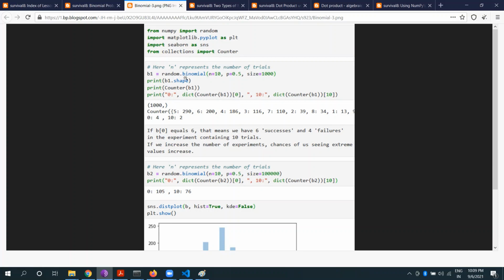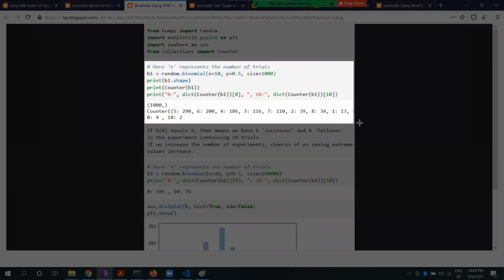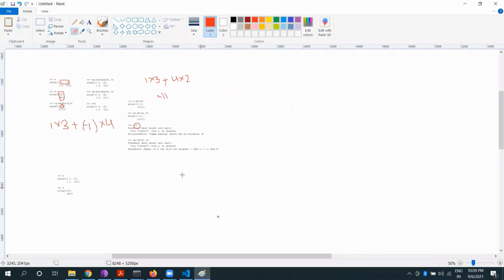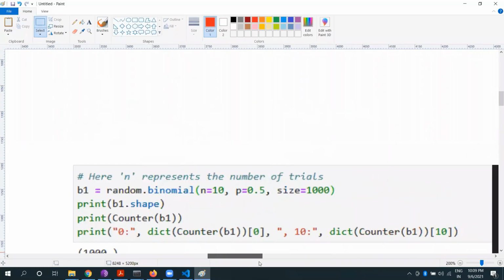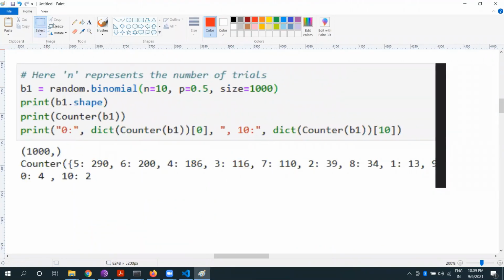So if you say binomial, how do we generate a binomial point? Let's say this line over here, I just copy it in Paint and expand it. Now, if we see, shape is 1000 and counter B1.